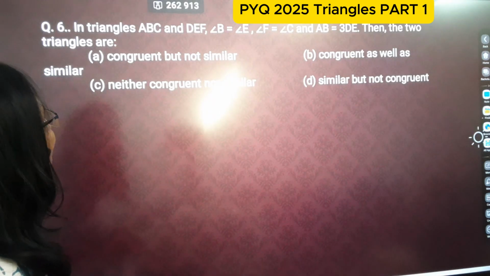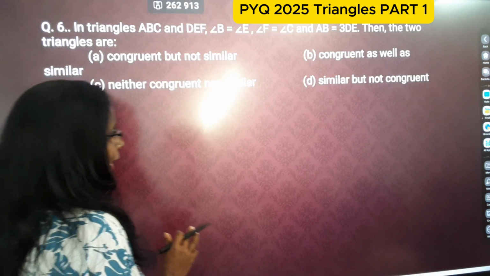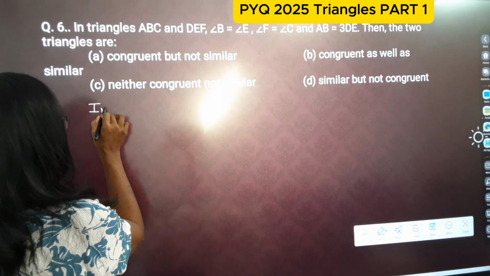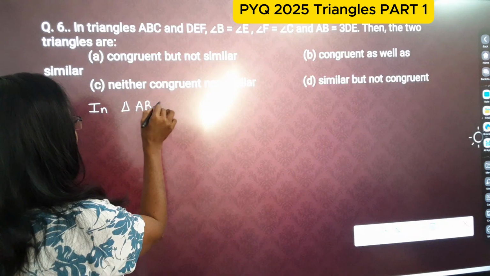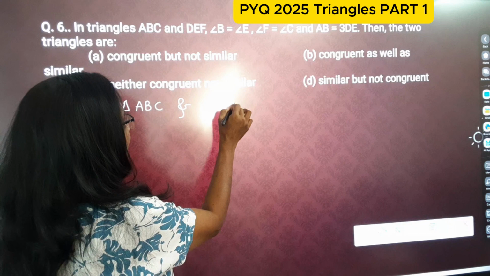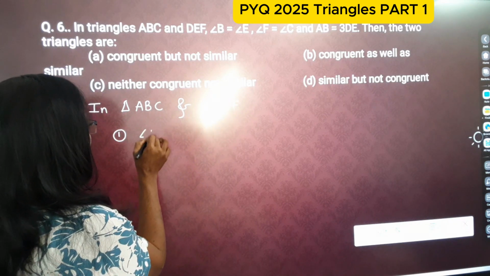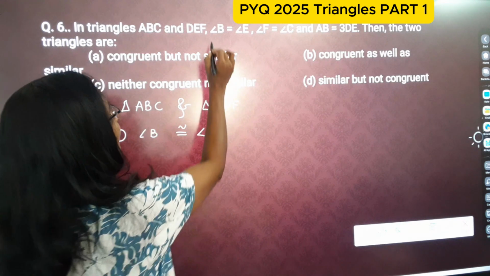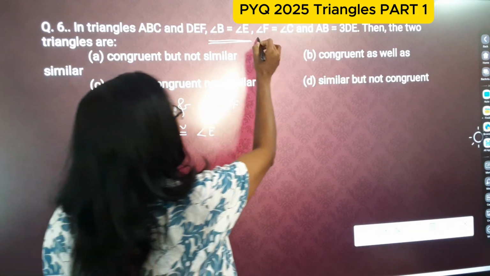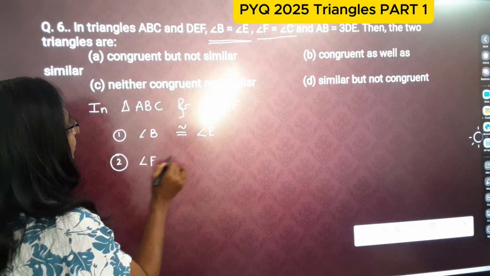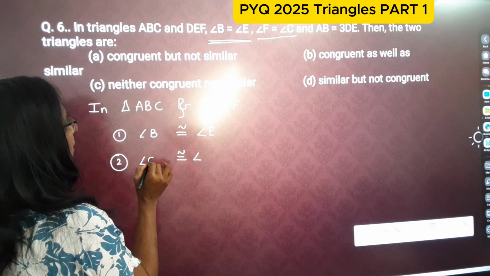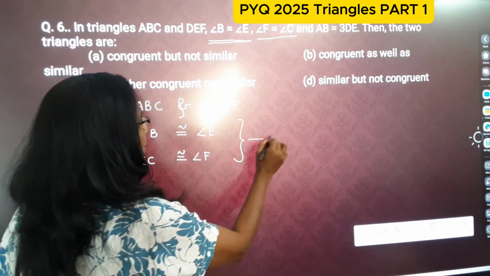In triangle ABC and triangle DEF, first point is that angle B is congruent to angle E, that is a given. Then second, angle C is congruent to angle F, and that is the given.